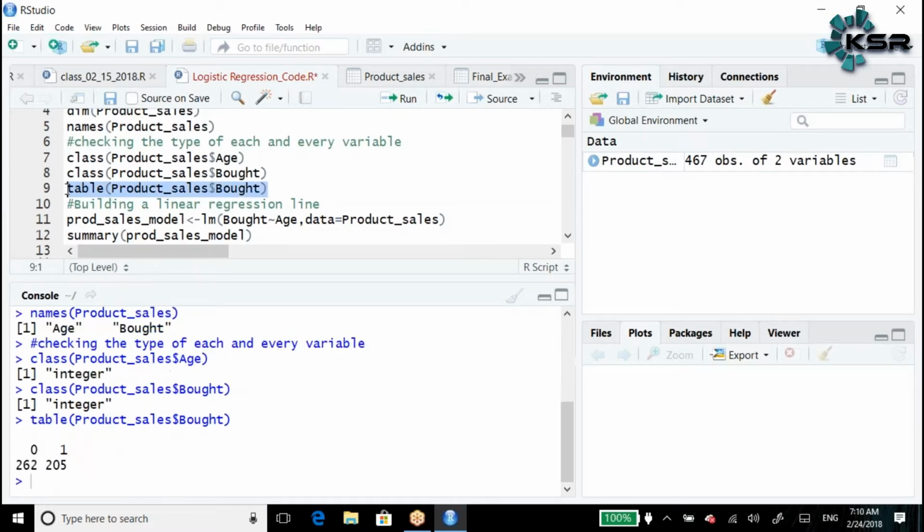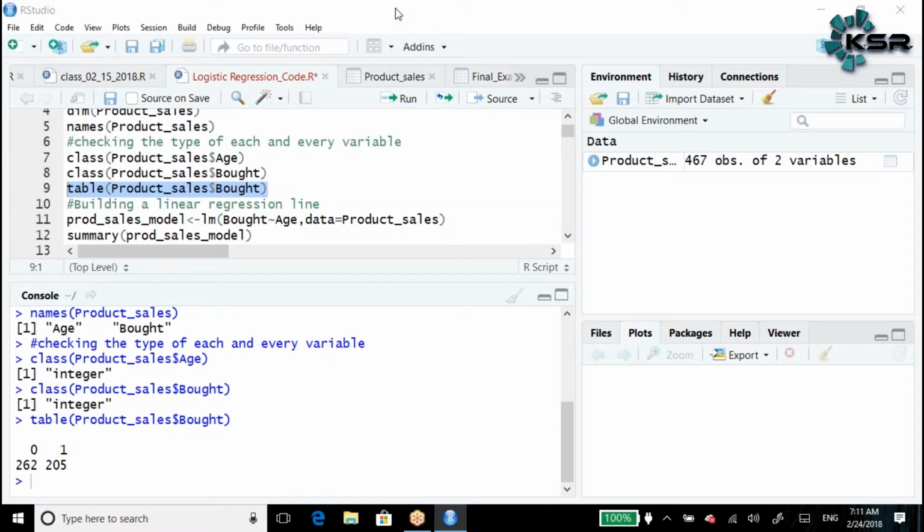That means in bought we have only two levels, 0 and 1. When I talk about 0 and 1, only two levels in the variable, does it mean it is a continuous variable? No, it is not a continuous variable.